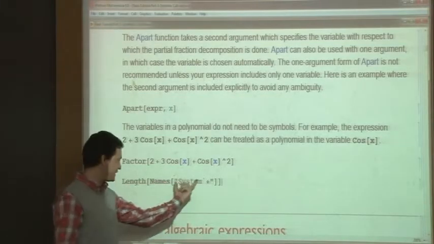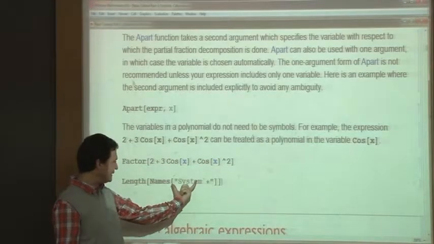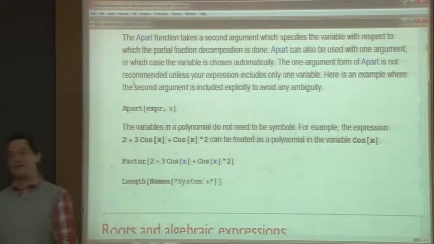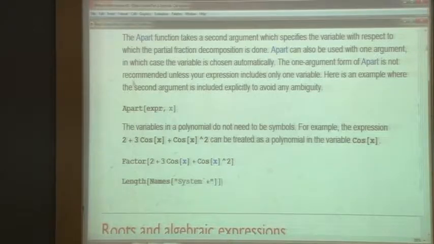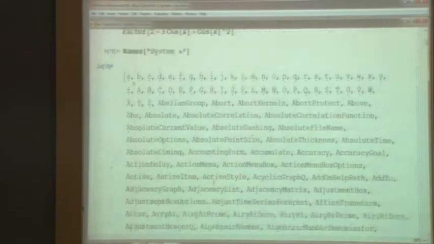This is the context where all the Mathematica built-in commands are located, and asterisk means all of them, right? 4,570 commands. If you want to know the names of all of them, you can just remove the Length, okay? And that's it, enter. There you go.